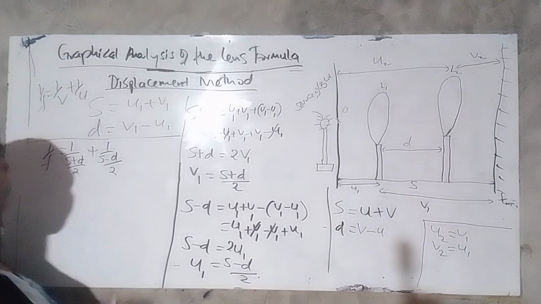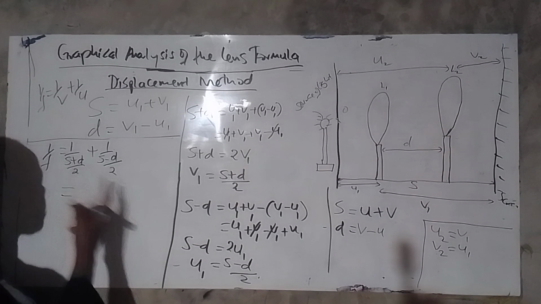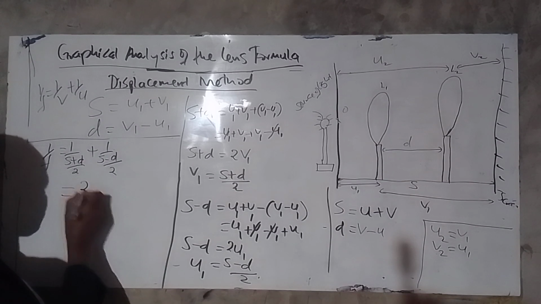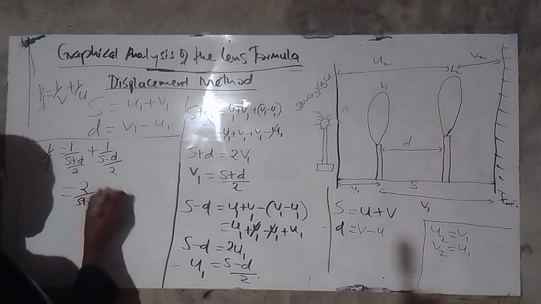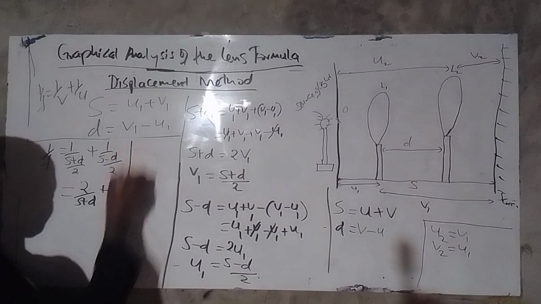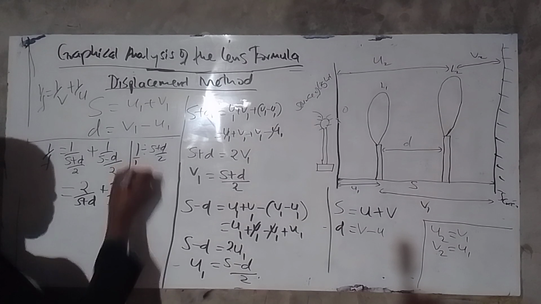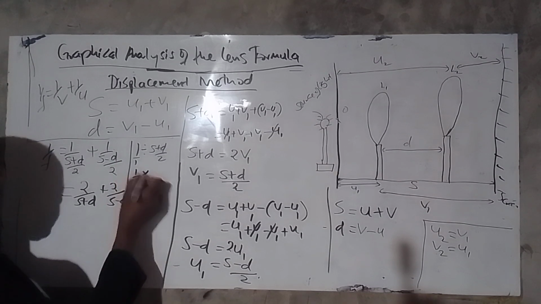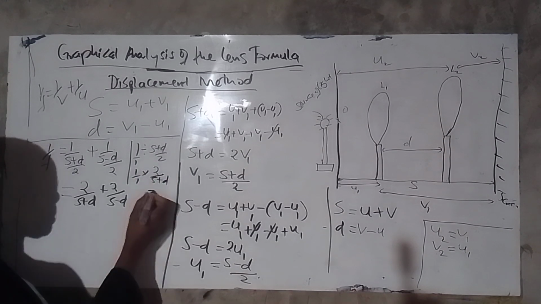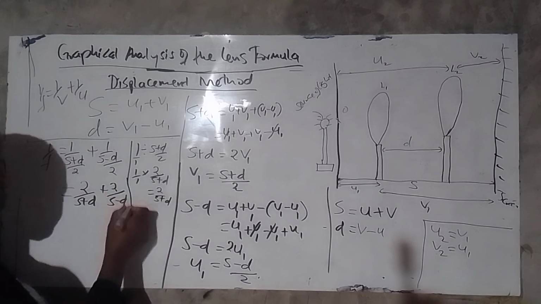So from there, what does it give us here? 1 divided by S plus D over 2 is the same as 1 times the reciprocal, that is 1 times 2 over S plus D, that is 2 over S plus D, plus, same here, 2 over S minus D. What am I saying here? 1 divided by S plus D over 2, every whole number is over 1, is the same as 1 times the reciprocal of this, 2 over S plus D. So don't get confused.